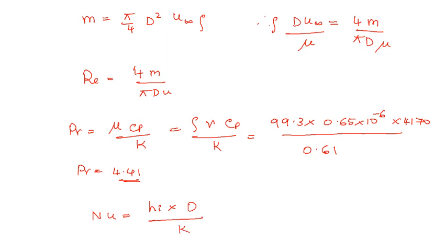We can equate that to 0.023 into 4 into mass flow rate by pi d mu to the power 0.8 and Prandtl number to the power 0.4. Let us substitute the values so that we can find out the Nusselt number. We are supposed to find out the h value directly if I correlate the Nusselt number with the given correlation.